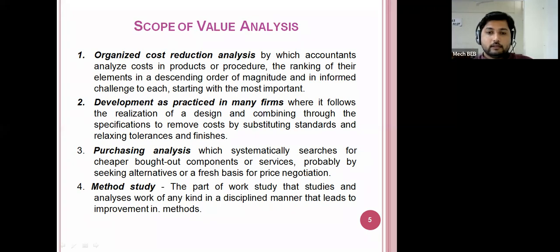So there should be a systematic approach to select a suitable supplier for the product.